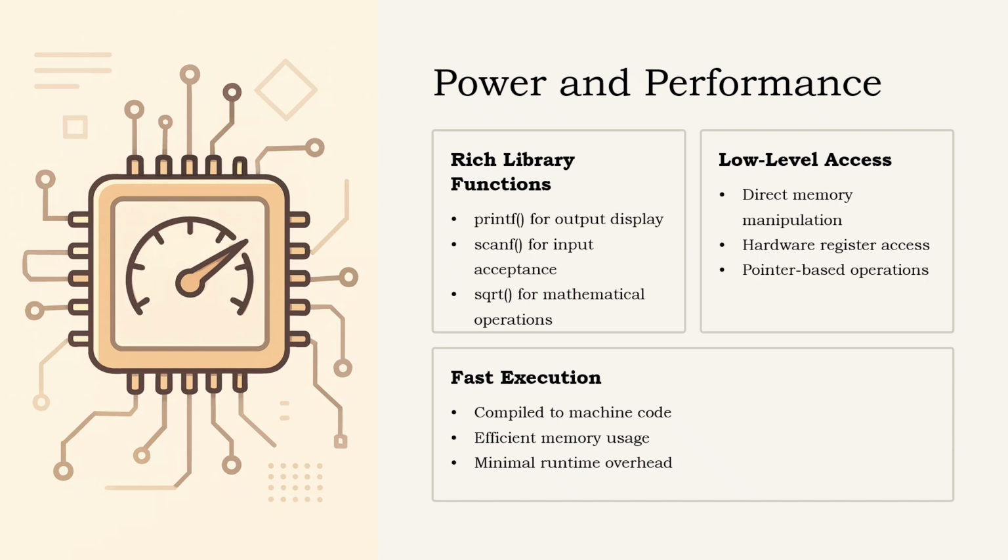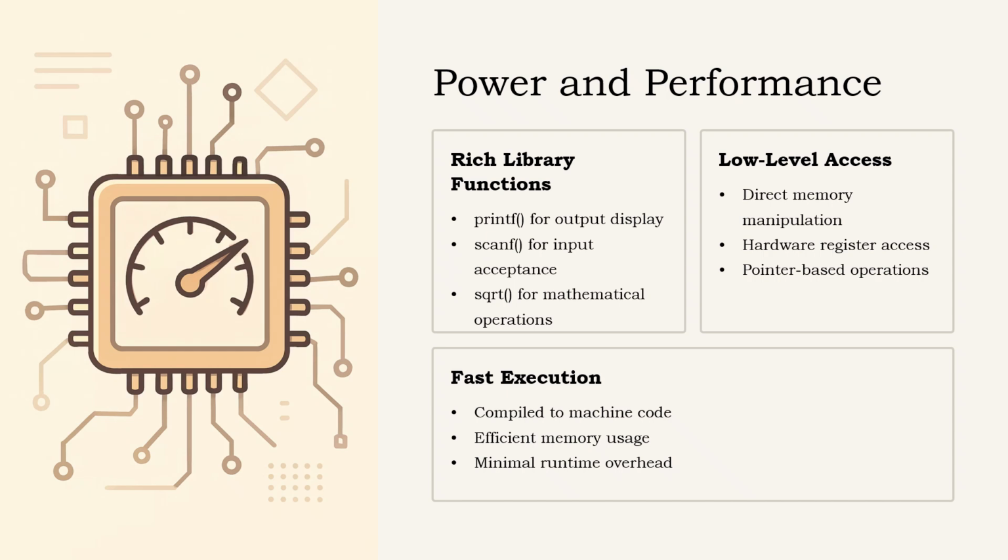The scanf function is used to accept input. You can see the square root function, which is used for square root calculations. So it has a rich set of library functions, like the input output functions which are defined in the standard input output header file, and the math functions which are defined in the math.h header file. Likewise, you're going to have so many functions.